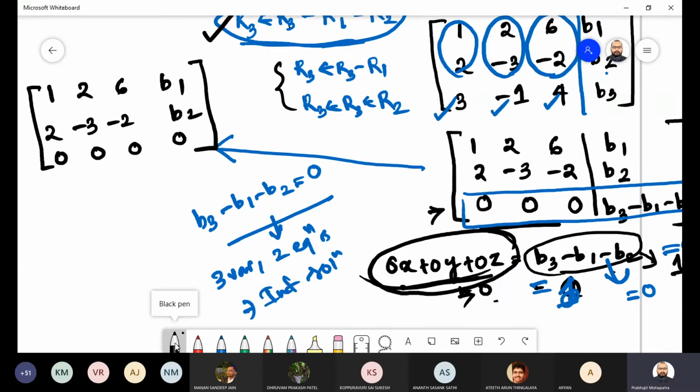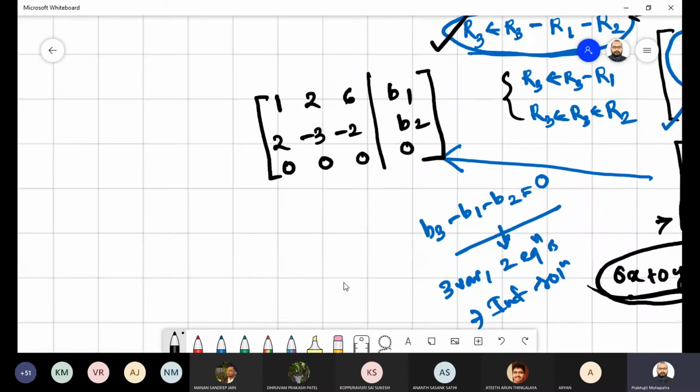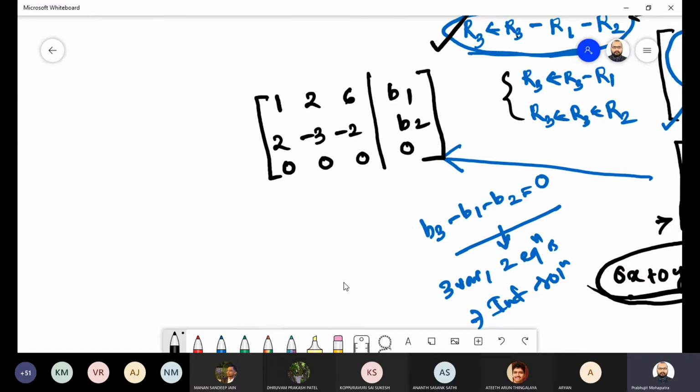Although they have not asked here, in general, with this condition, what is going to be the solution? You can simplify a little more. What operation are you going to do? R2 minus 2R1.